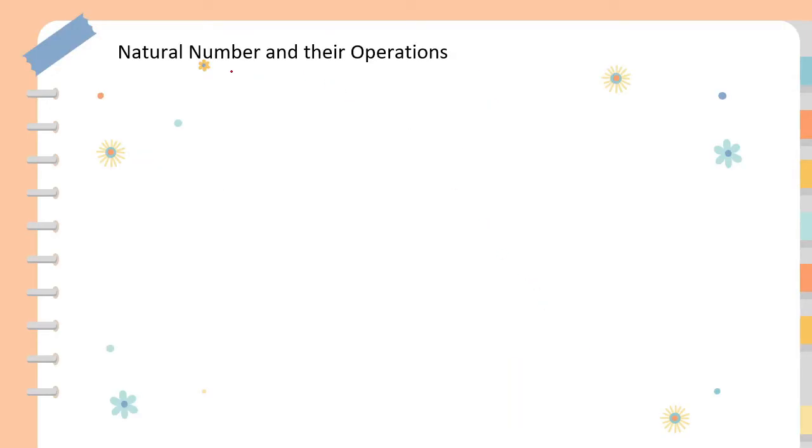Natural numbers are basically the counting numbers. Counting numbers start from 1 and go up like 1, 2, 3, 4, 5, 6 and so on. In this particular course the professor included 0 in the natural numbers, and it was denoted by N naught.